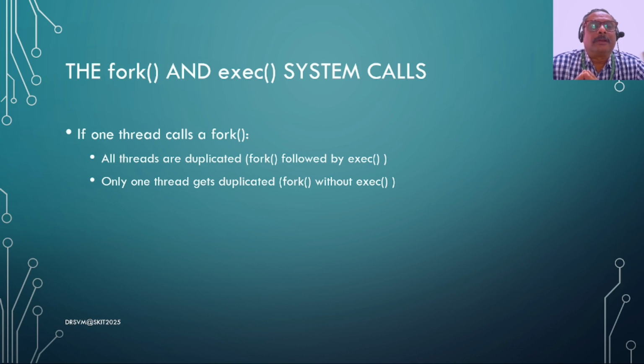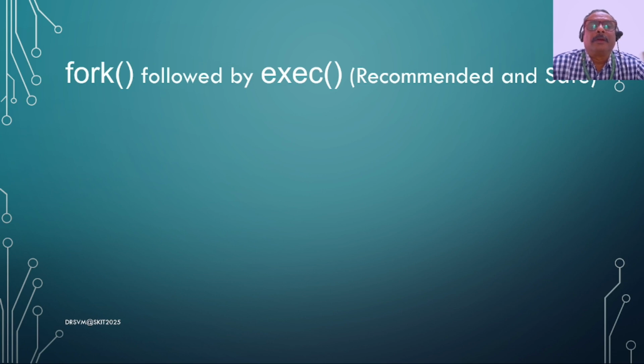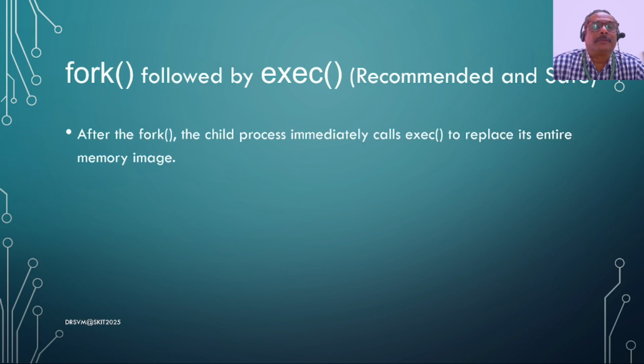So in a multi-threaded environment, if the fork is called and it is followed by the exec system call, then all the threads are duplicated. If it is not followed by exec, then only one thread gets duplicated. When fork is followed by exec, that's the recommended way of working with fork, and it's safe also.